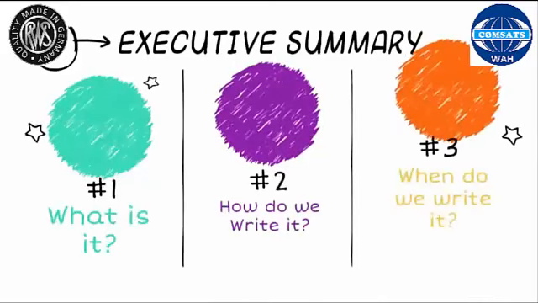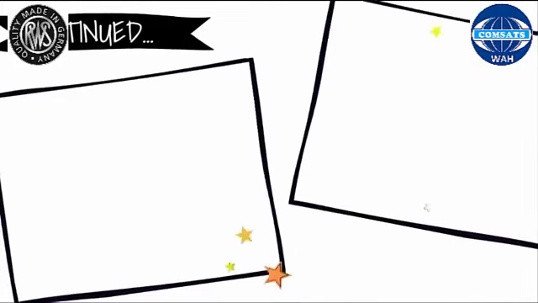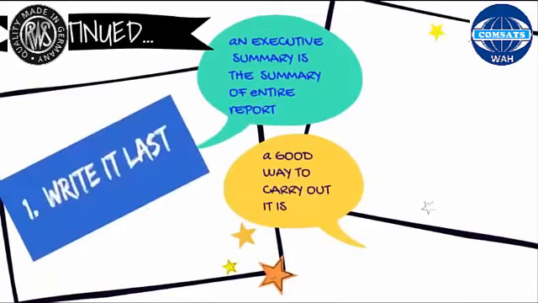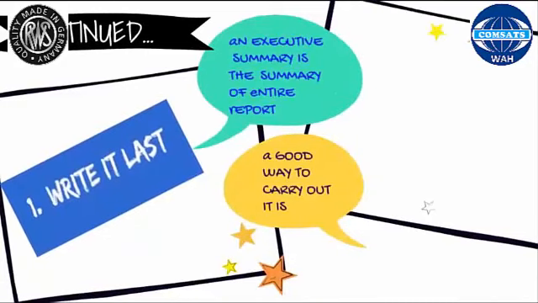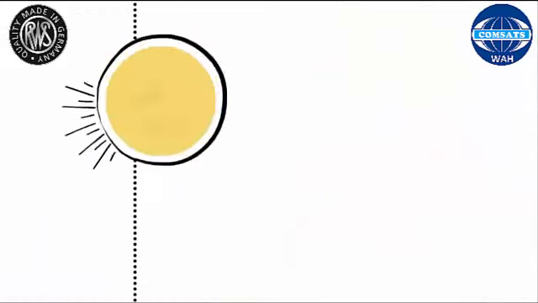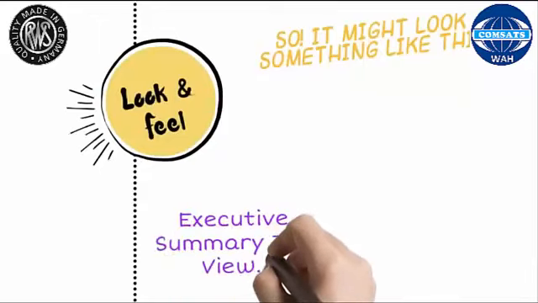And when do we write it? The executive summary provides an overview of the entire report, covering all of its major sections. It is preferred to compose it by the end of the report, summarizing each section in one sentence. In that way, it would be able to give a complete overview of how to structure your report.